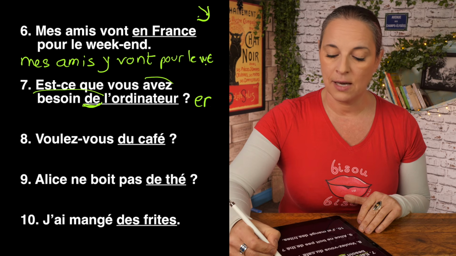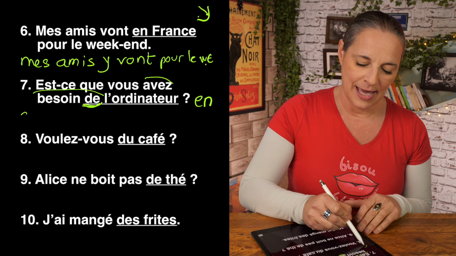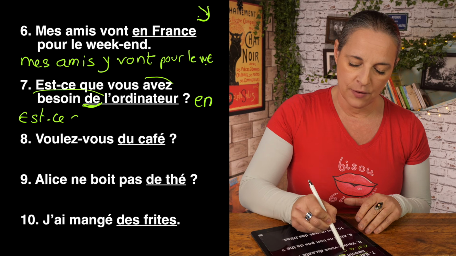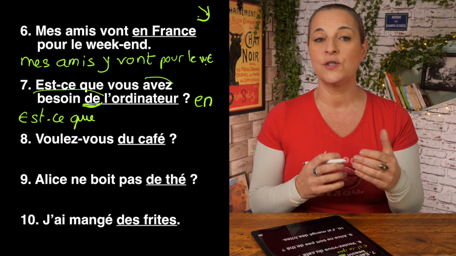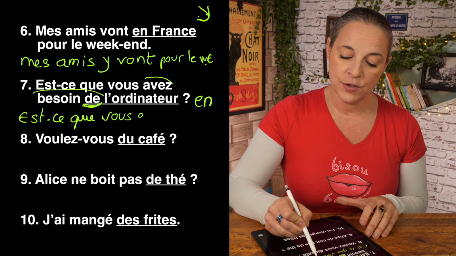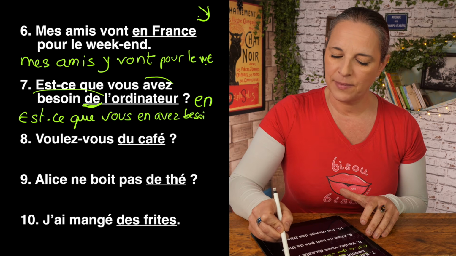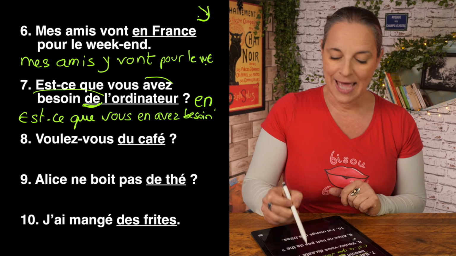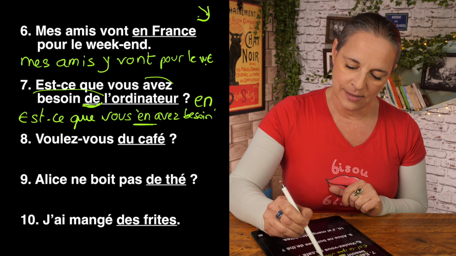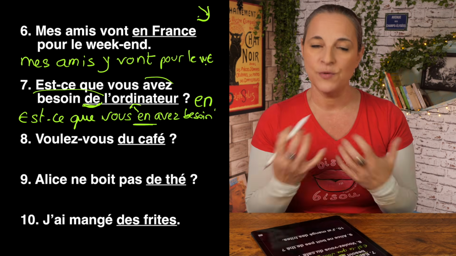It is going to be en. Where do you put this, though? We want to say, do you need it? Vous en avez besoin. Est-ce que vous en avez besoin? And en replaces l'ordinateur.